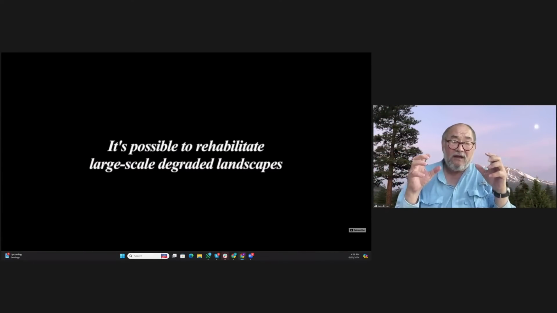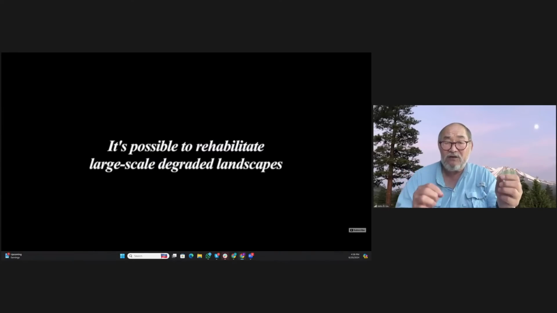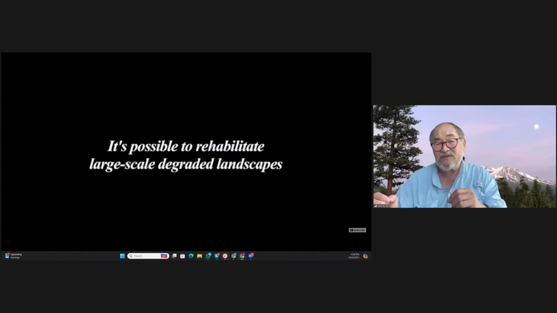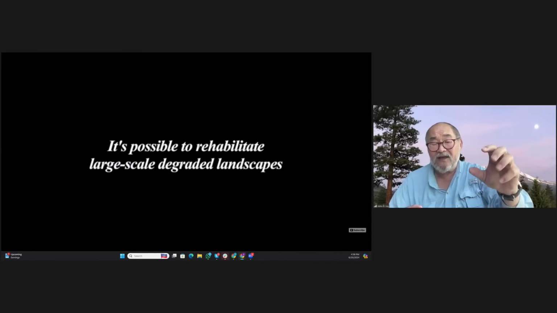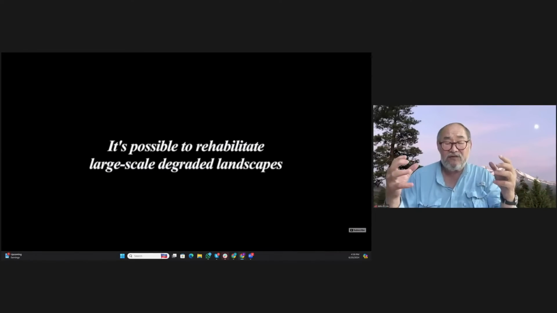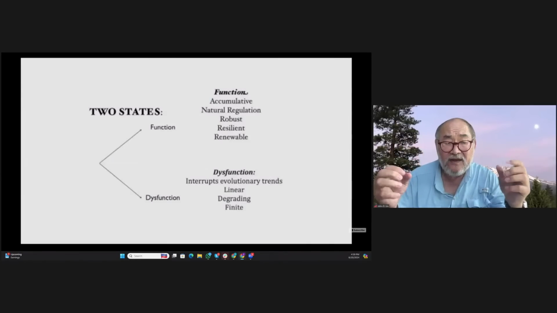And so it became clear to me that it's possible to rehabilitate large-scale degraded landscapes. And this is what humanity as a species, at planetary scale, must understand and must do.